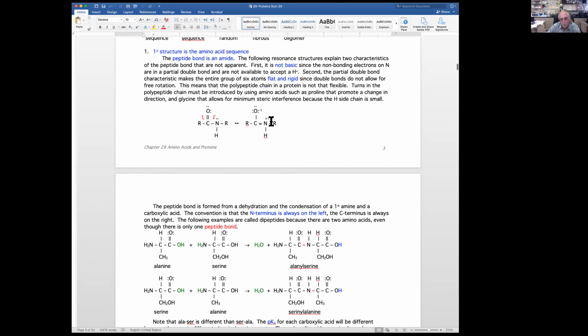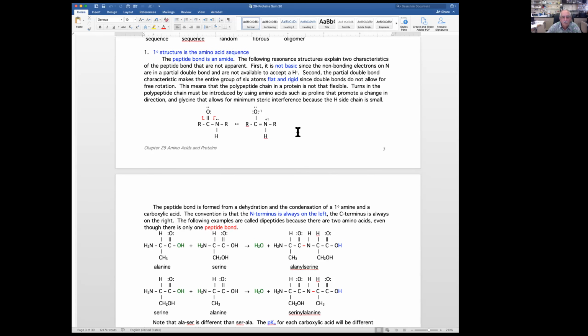Even though I have formal charges on here, all I'm doing is demonstrating that those electrons right there are not available to accept the hydrogen ion. So therefore, amides are not basic.